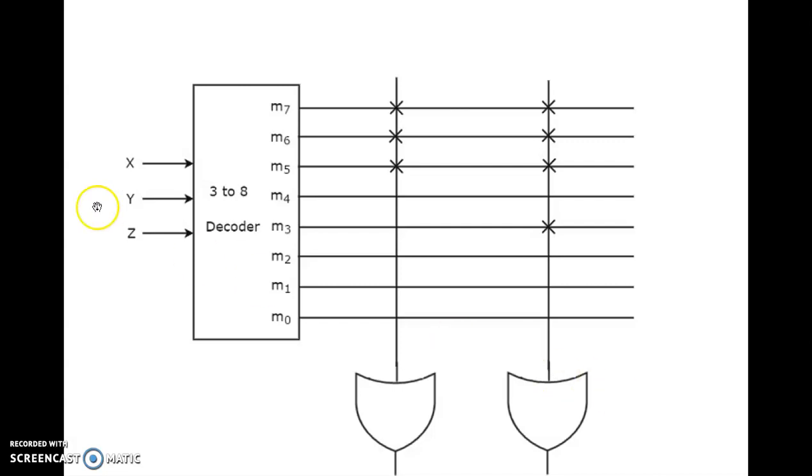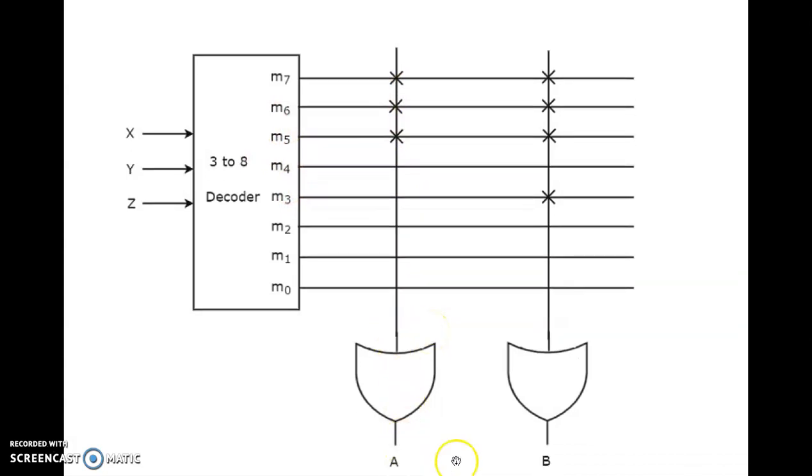This diagram shows a 3:8 decoder used for providing the x, y, z input, and by using that the particular min term is considered, and that particular min term is programmed by using the OR array which is connected. So here we have the two functions, A and B, and it depends on that function.